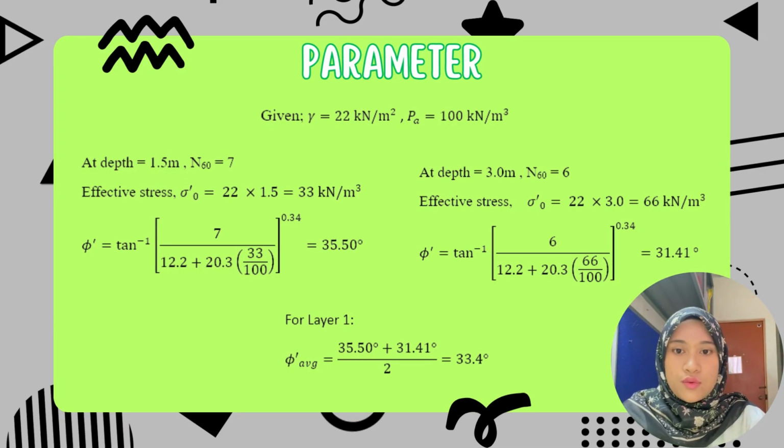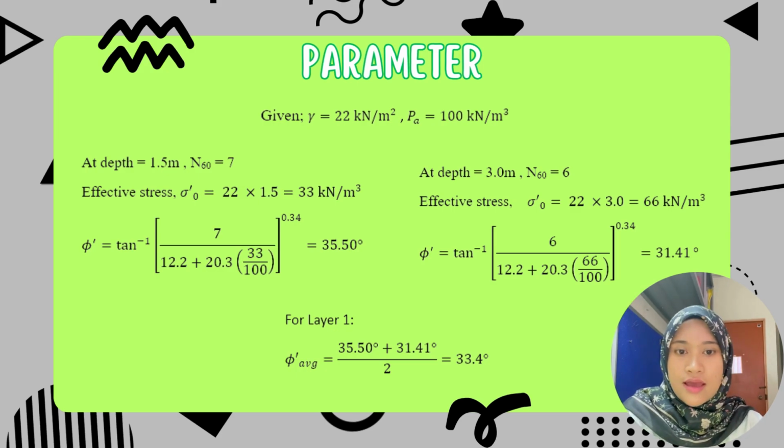Given that unit weight of sand is 22 kN per meter cube and Pa is 100 kN per meter square, for depth 1.5 meter, where N60 is 7, the effective stress is 33 kN per meter square, while the angle of friction is 35.5 degree.